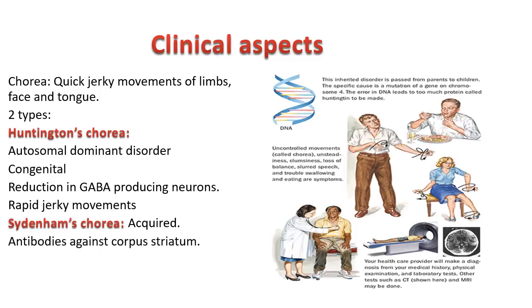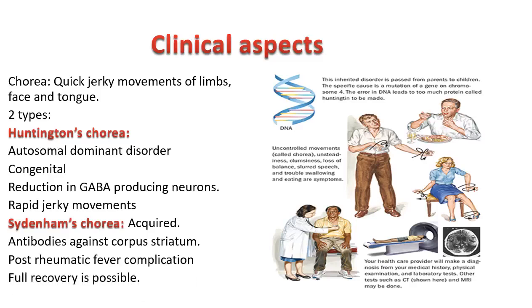Here antibodies are produced against your corpus striatum. Because of this, there are less rapid jerky movements, and it is acquired, so it is not inherited through the genes, and there are chances of full recovery. So full recovery is possible in Sydenham's chorea.